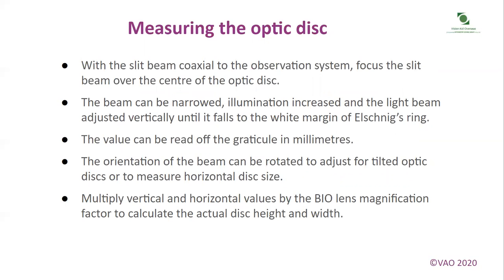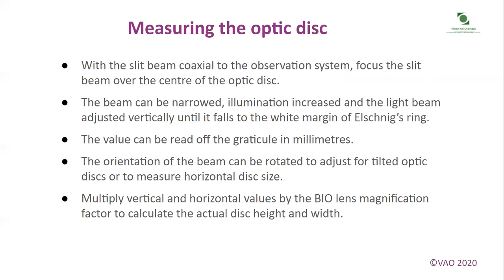With the slit beam coaxial to the observation system, focus the slit beam over the center of the optic disc. The beam can be narrowed, illumination increased, and the light beam adjusted vertically until it falls to the white margin of Elschnig's ring. The value can be read off the graticule on the slit lamp in millimeters.